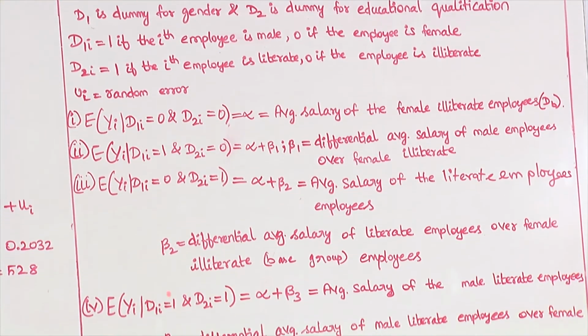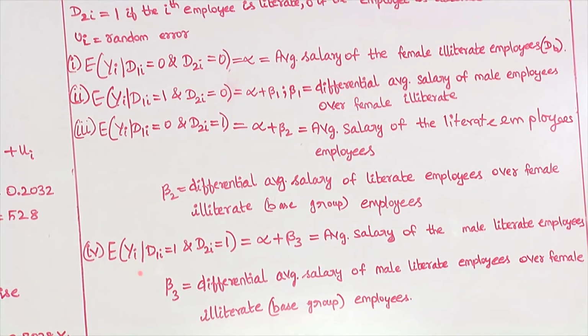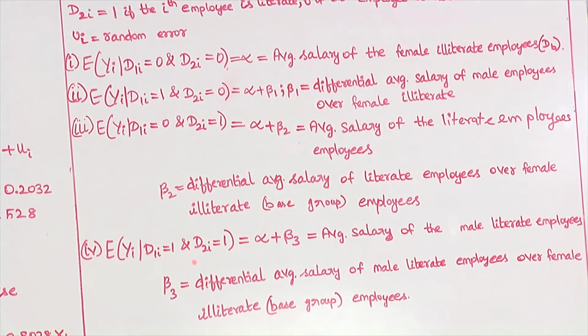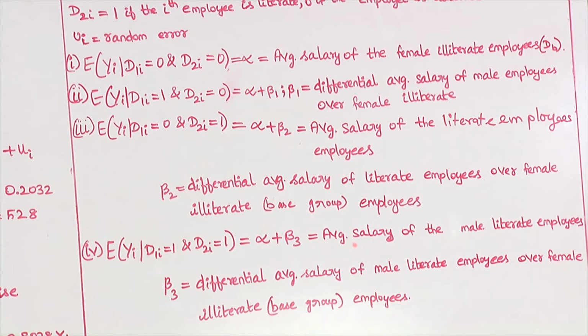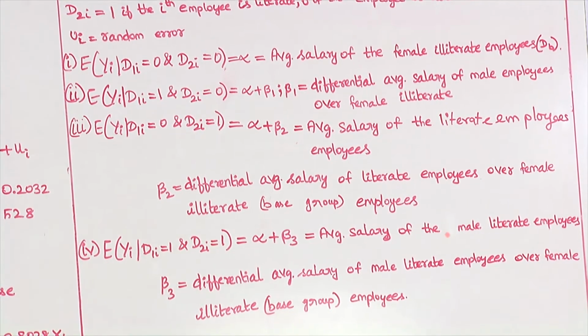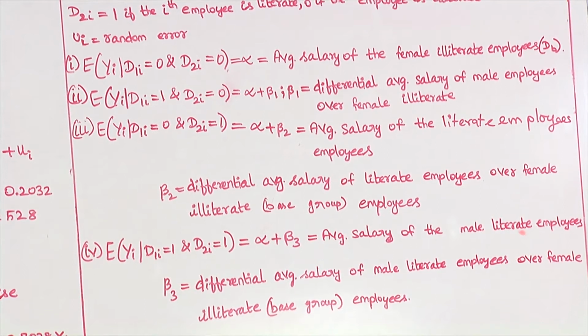Okay. What is this last one? This is the conditional average of Yi given D1i is equal to 1 and D2i is equal to 1, that is equal to alpha plus beta 3, that is the average salary of the male literate employees.